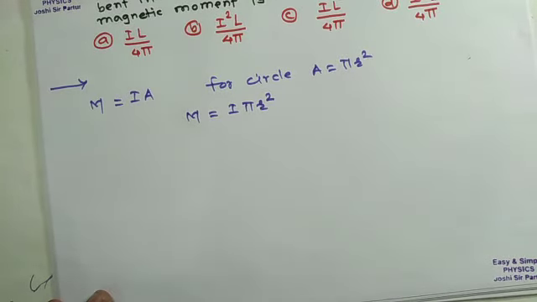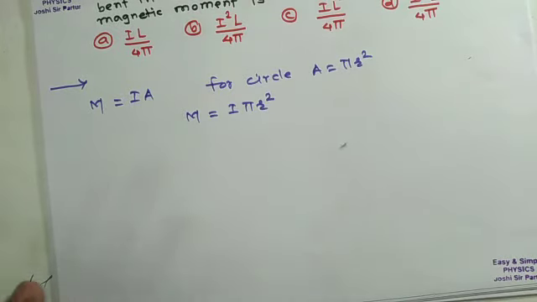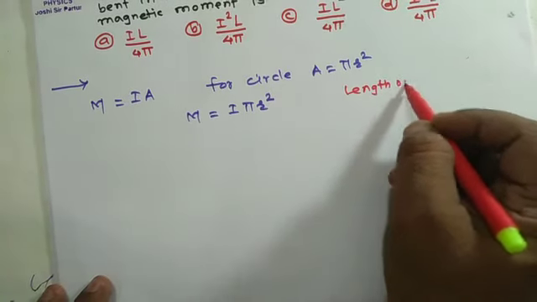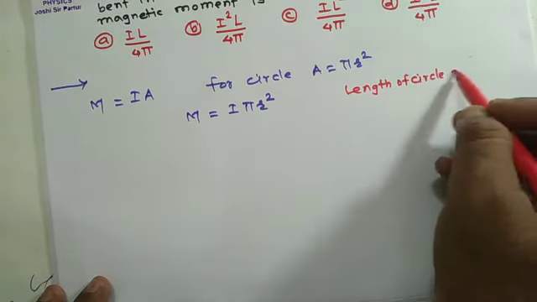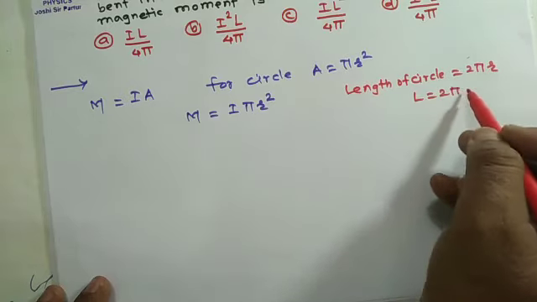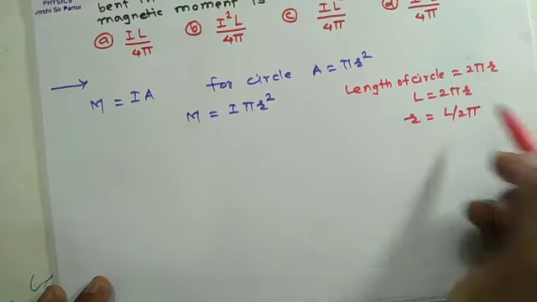Here the wire is bent into a circle, so the length of the circle is twice pi r. So L equals 2 pi r, and r equals L upon 2 pi.